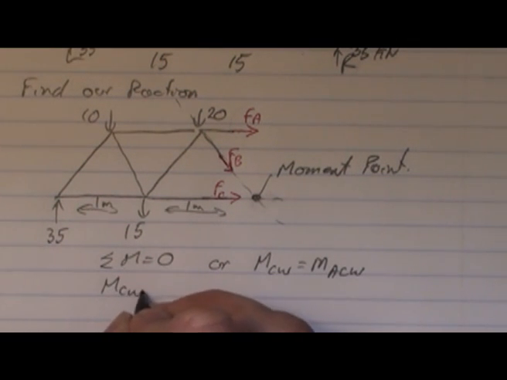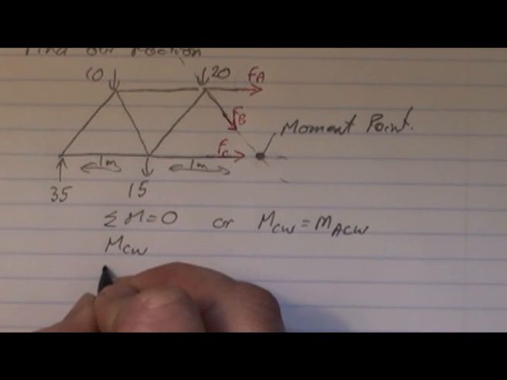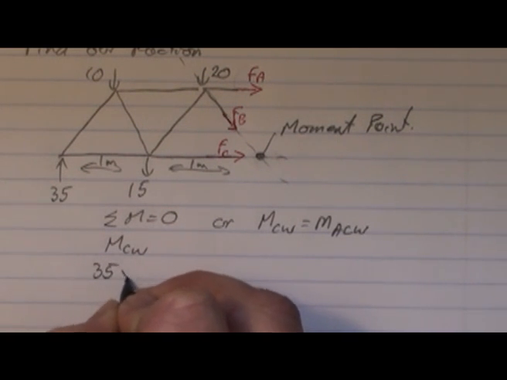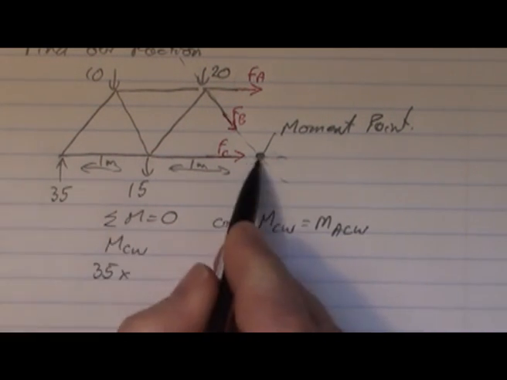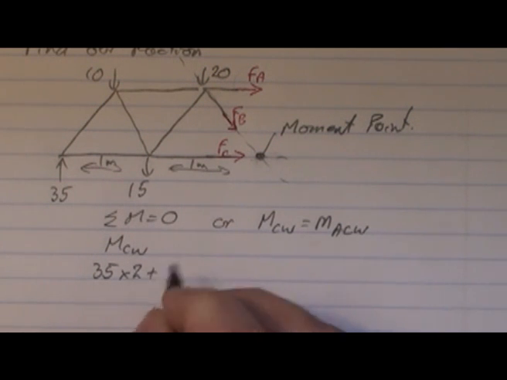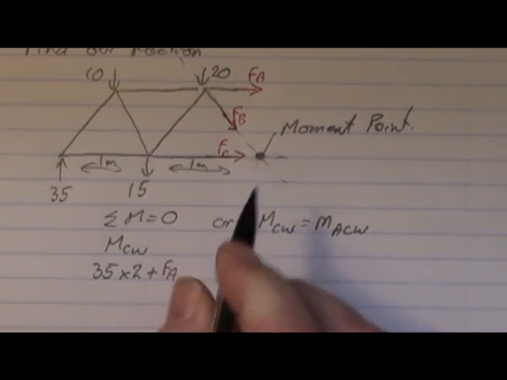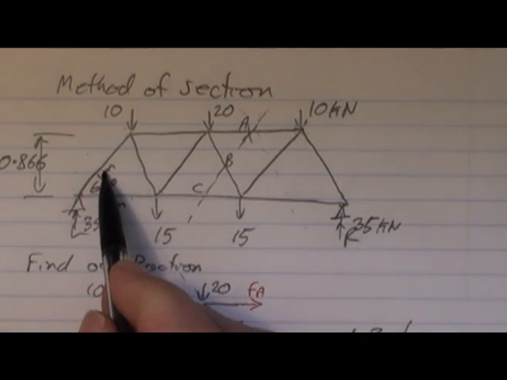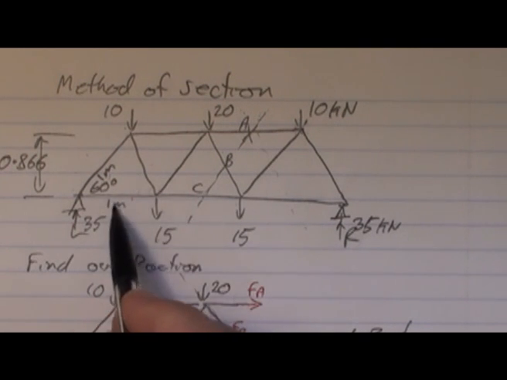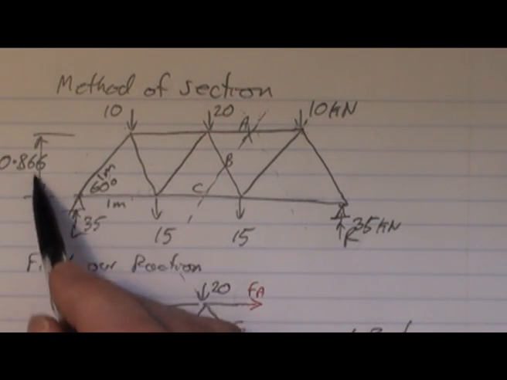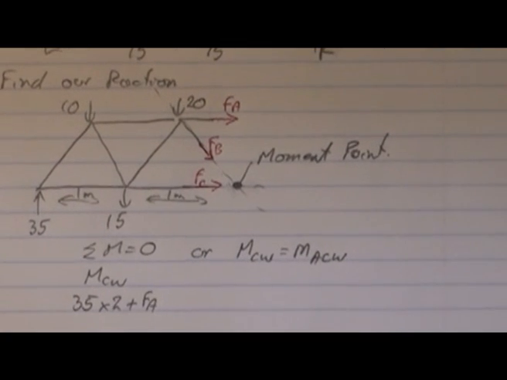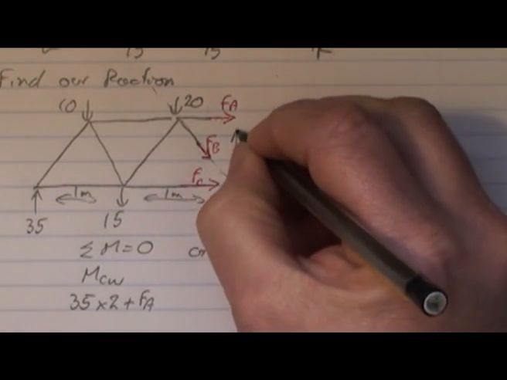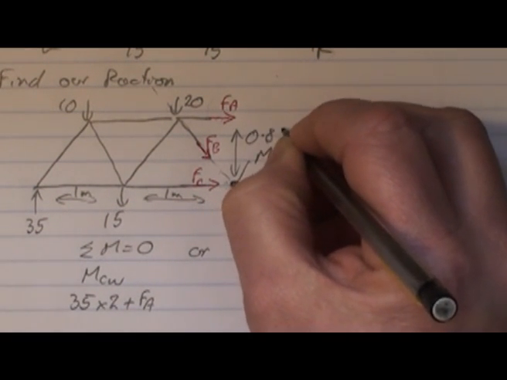So moments clockwise will be 35 times 2 meters across here, plus FA times this height, which, given my frame is a 1 meter by 1 meter triangle with 60-degree angles, is 0.866 high.